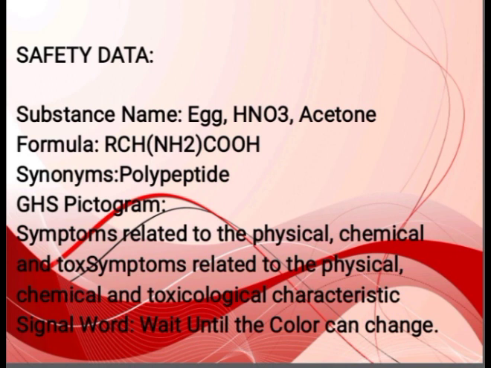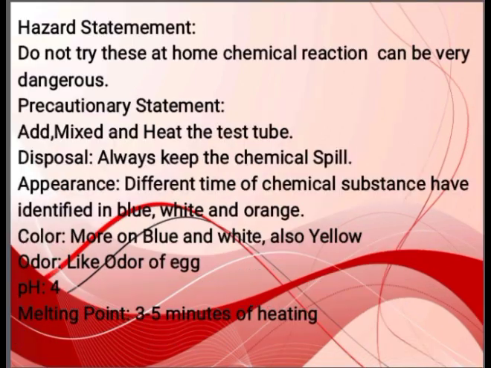Symptoms related to the physical, chemical, and toxicological characteristics. For the signal word of the experiment: wait until the color changes. Hazard statement: do not try this at home. Chemical reactions can be very dangerous. Precautionary statement: add, mix, and heat the test tube. Disposal: always keep the chemical spill.